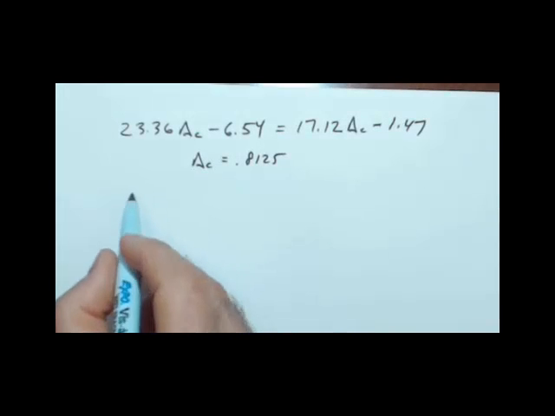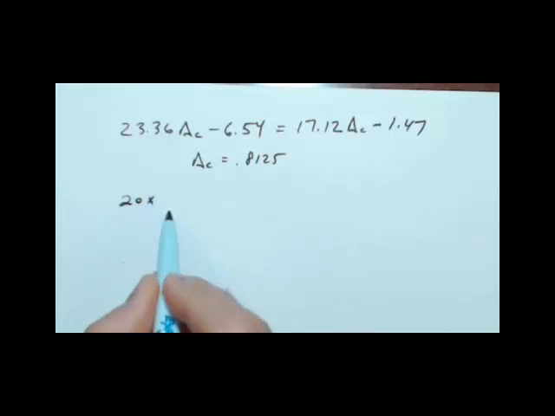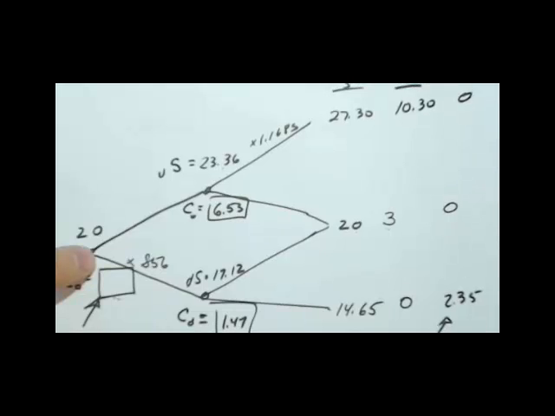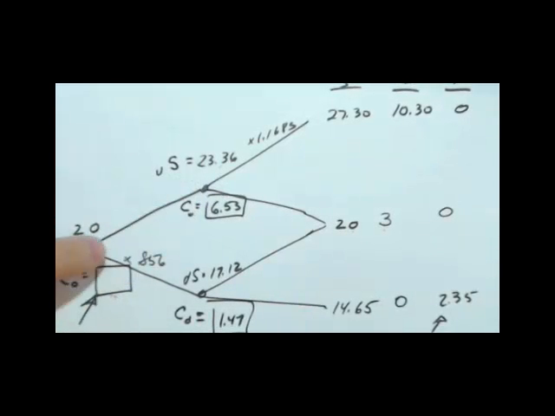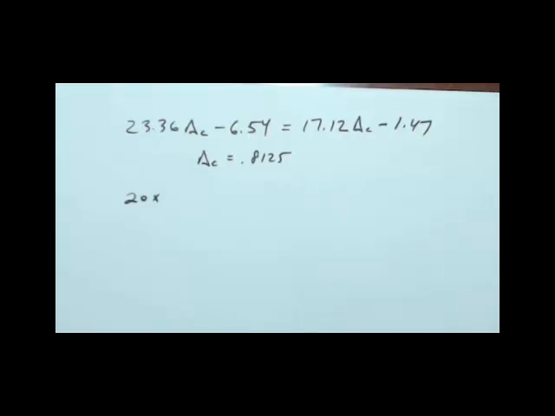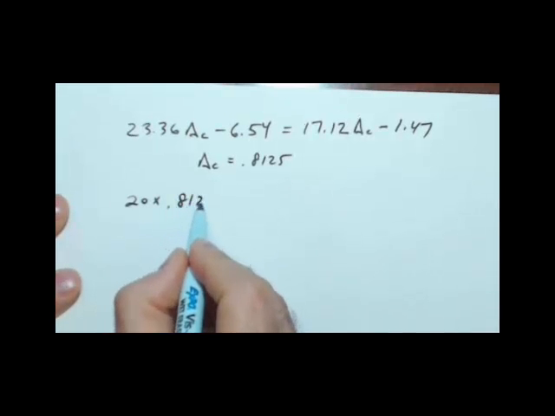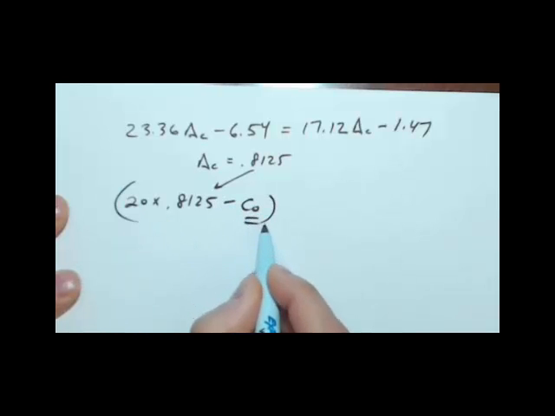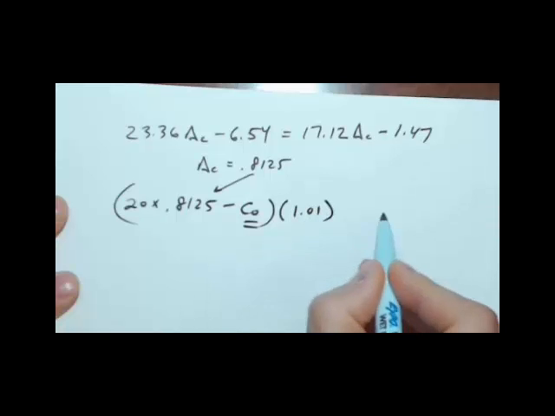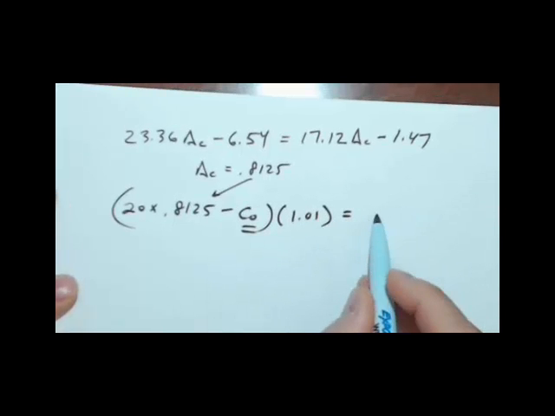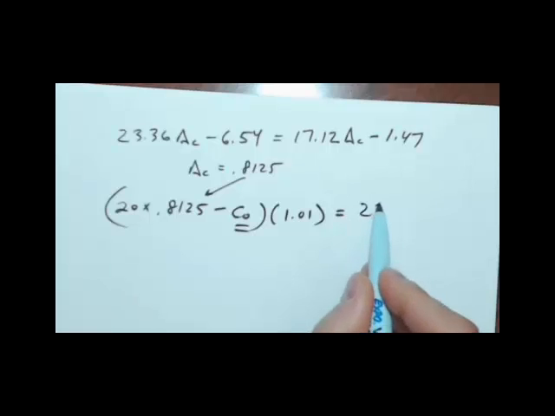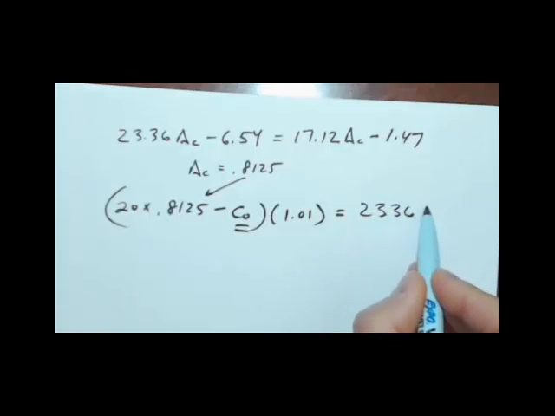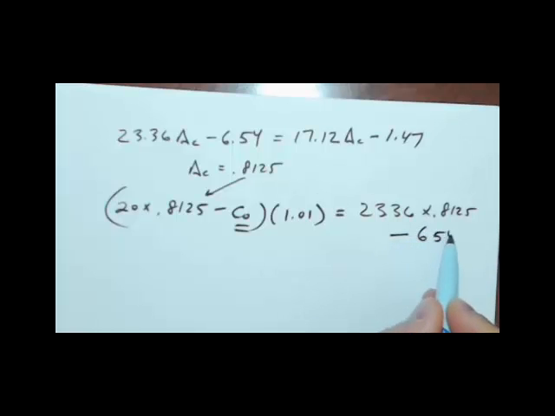Okay. Now I'm going to form a riskless portfolio at this node, the very beginning. I don't care if it goes up, I don't care if it goes down. Times the 0.8125 I just computed, minus the value of the call, which is what I'm solving for, is going to grow at the risk-free rate because it's a risk-free investment, and it'll grow to 2336 times 0.8125 minus 654.